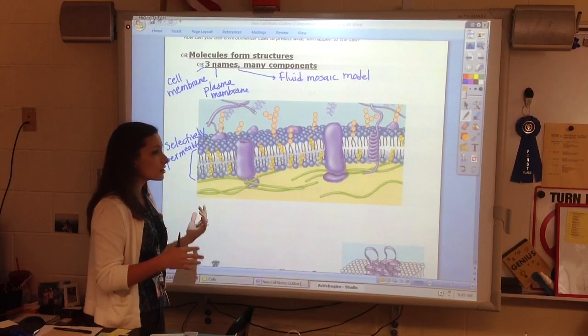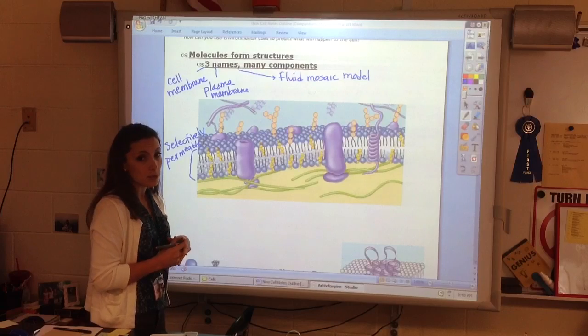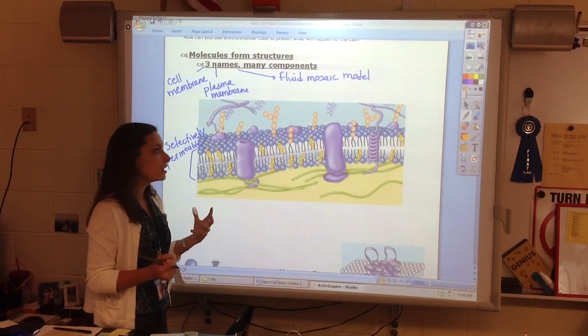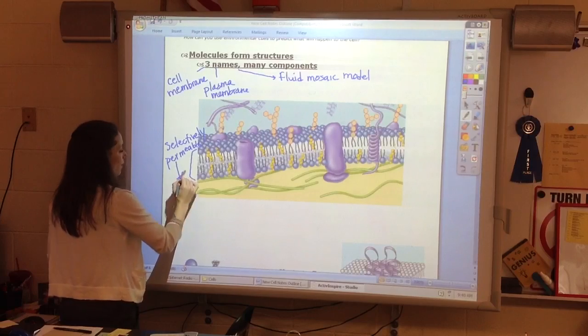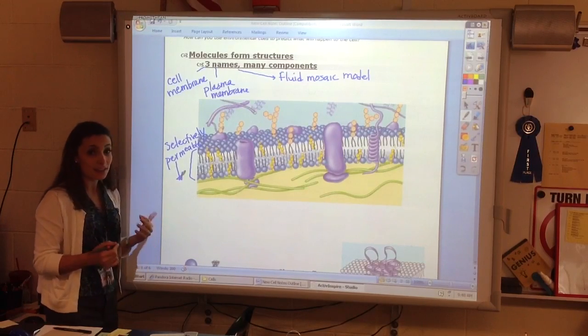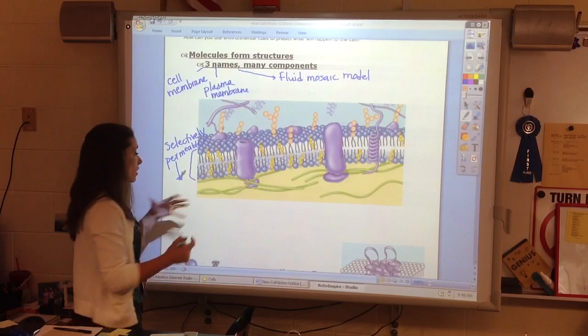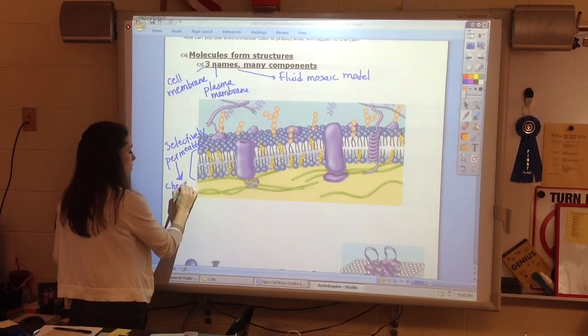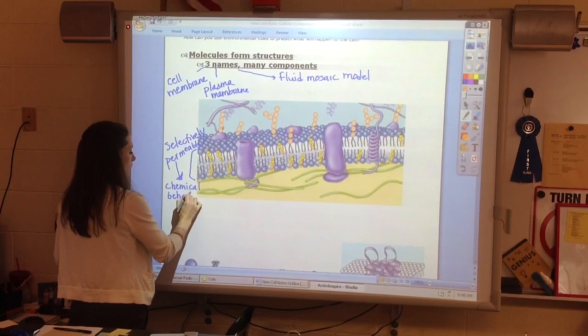And we've actually already talked about some of the main ideas of what might be able to get into a cell and why. Because remember, all life is influenced by chemistry. And so if these are just chemicals, then they're going to follow chemical behaviors. So this is why you needed to know what polar and nonpolar meant.